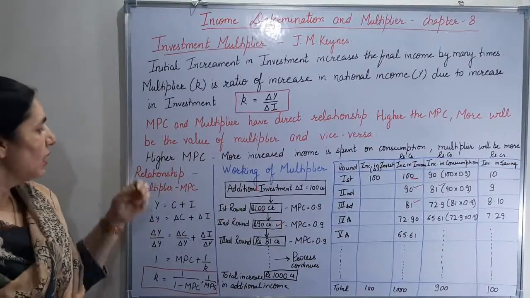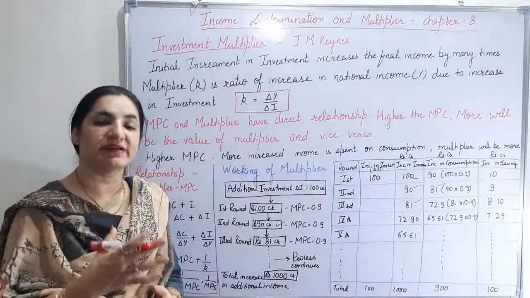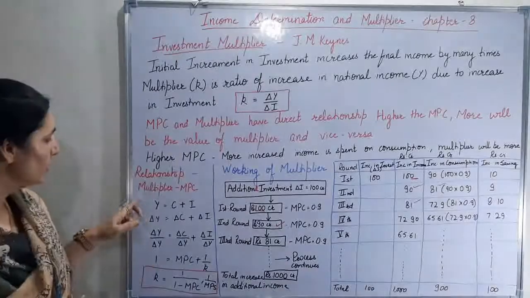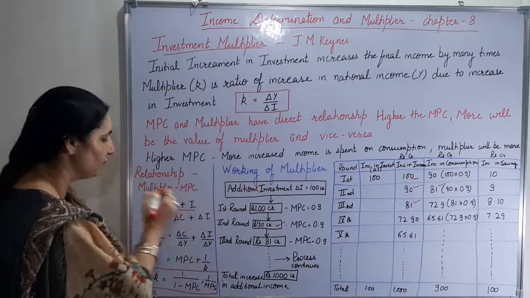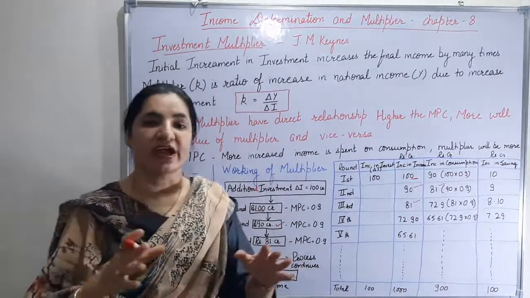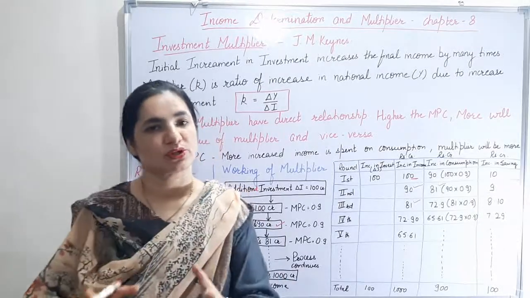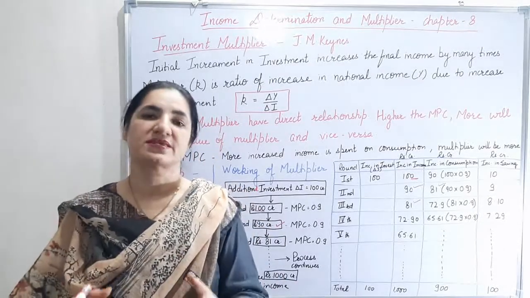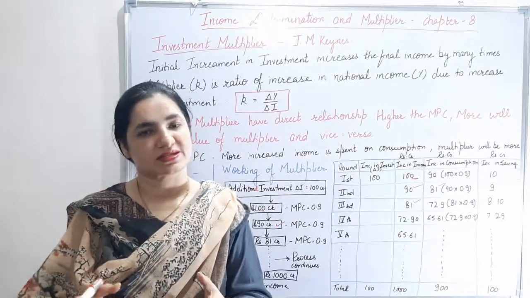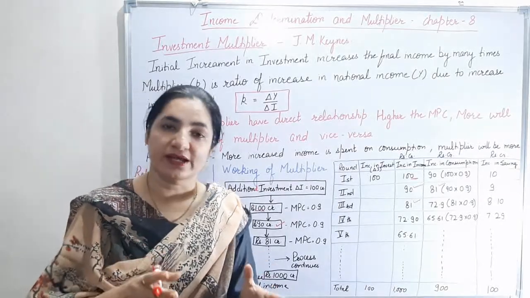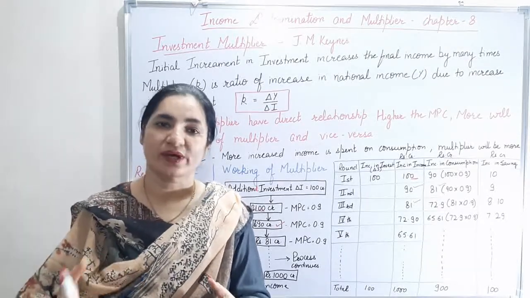Let us see how the relationship between MPC and multiplier can be derived algebraically. Y is equal to C plus I. This we have taken because we have proved that at the equilibrium level of income, aggregate demand is equal to aggregate supply, which is equal to income. So aggregate demand is equal to C plus I. When aggregate demand is equal to income, it is equal to aggregate supply.